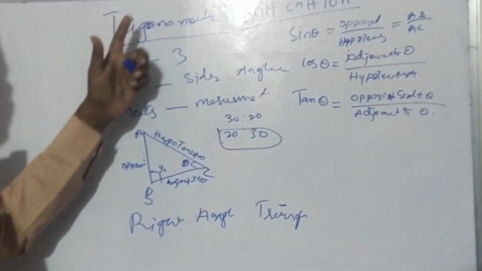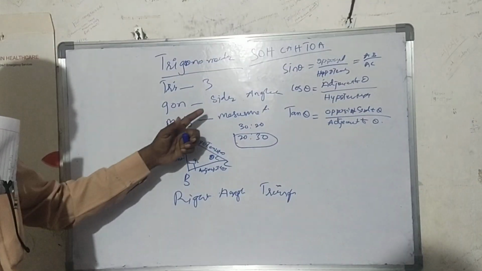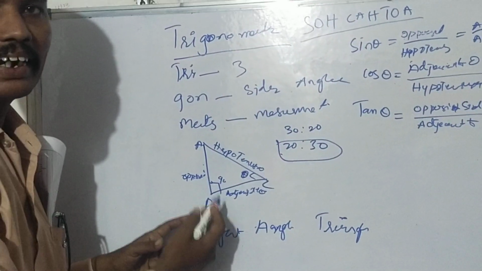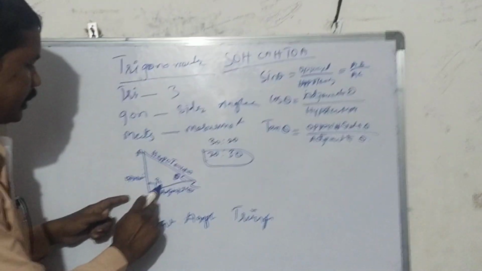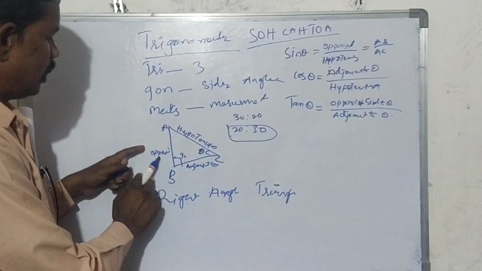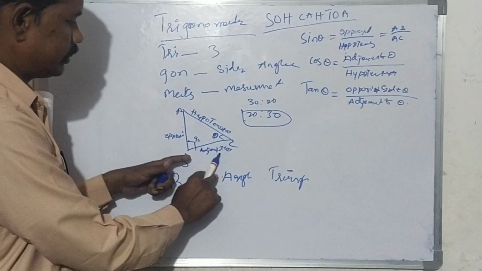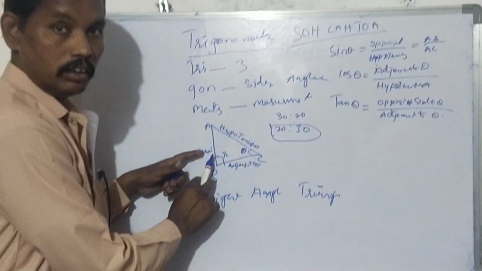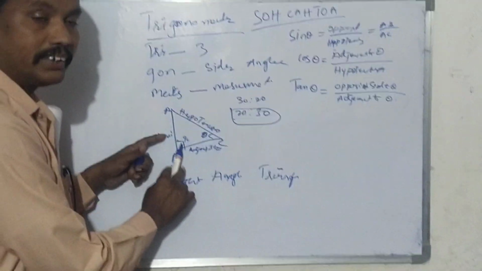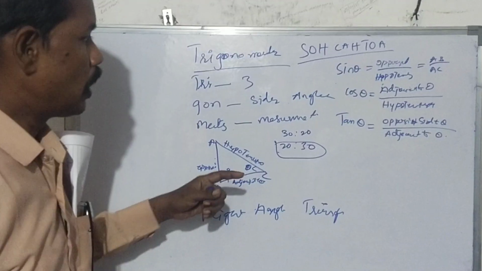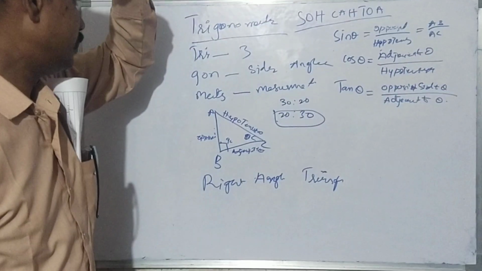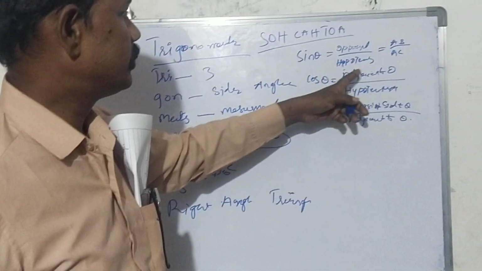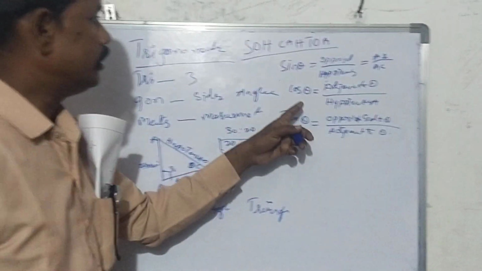Trigonometry deals with a triangle, a right angle triangle. The right angle is 90 degrees, shown with a square. Remember, sin theta is equal to opposite side by hypotenuse, AB by AC.